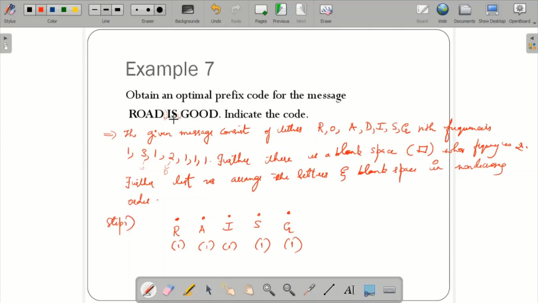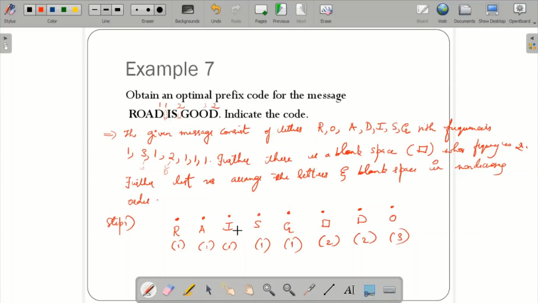Since blank space comes first before D in the original order, I'll consider blank space first, then D with 2, and then O with 3, which will be the last itself. This is a very important step, how you consider the letters as well as their frequencies. So this is step 1.